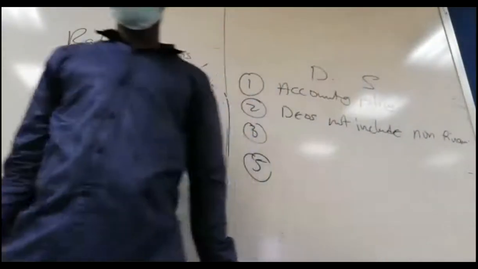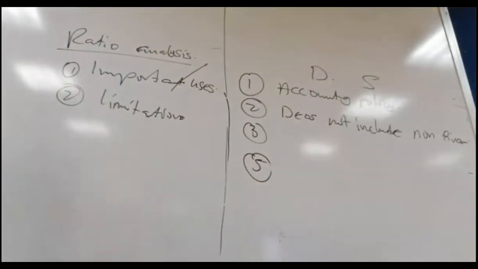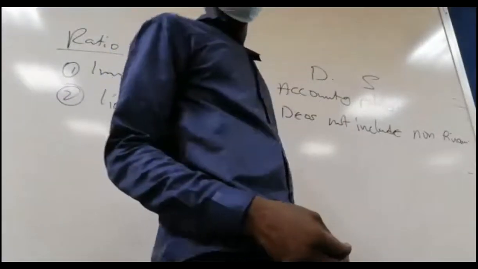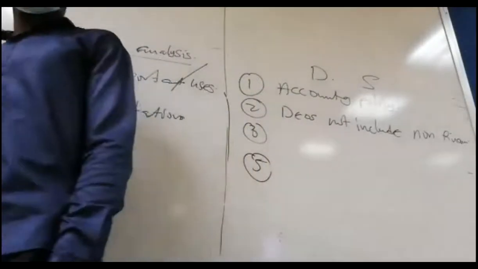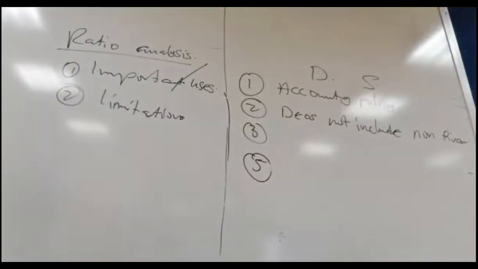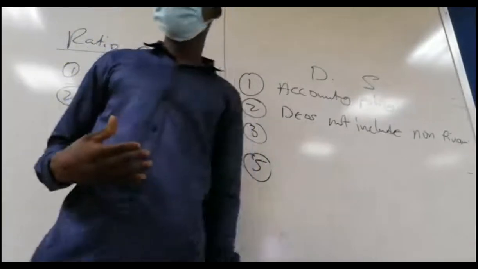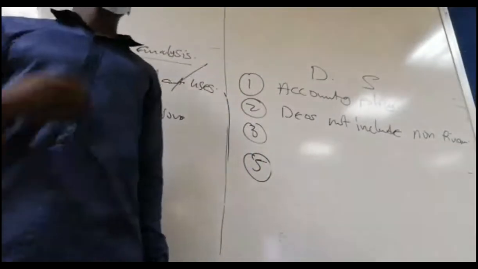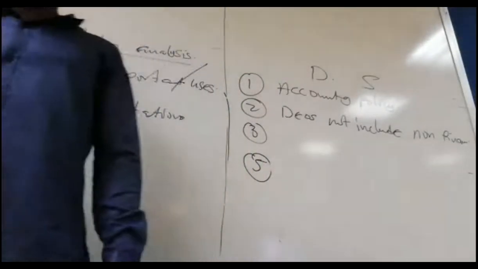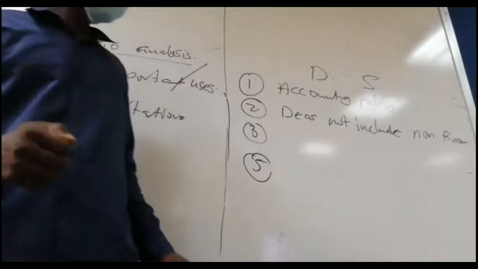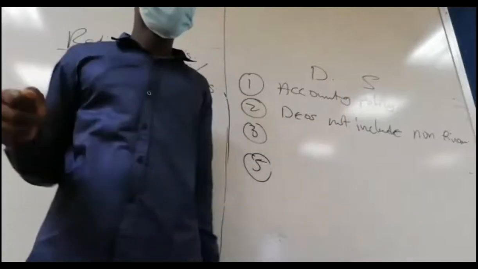The non-financial aspects, it can be what? Good public image, customer loyalty, product quality, good customer service. All this will not be seen on the financial statements. So it means that when we are interpreting the company's performance, we don't even care whether they are loyal to their customers. What we are interested in is the figures.